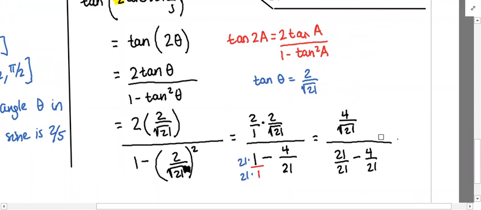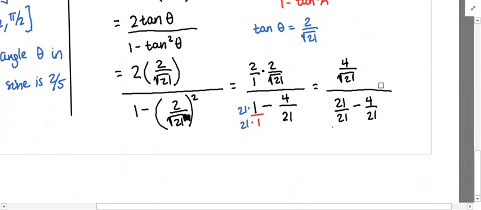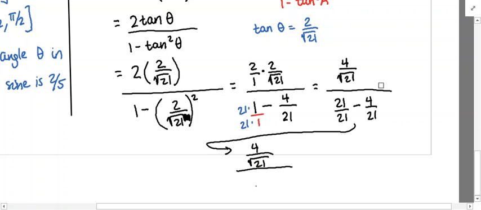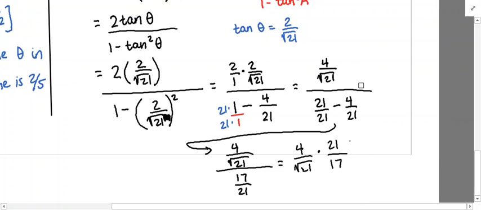Okay, keep going. Running out of room here. This is going to be 4 over the square root of 21 over, if we combine the fractions into 1, a denominator of 21. Going across the top, 21 minus 4 is going to give us 17. Now just divide the fractions: 4 over the square root of 21 times 21 over 17. Almost there.